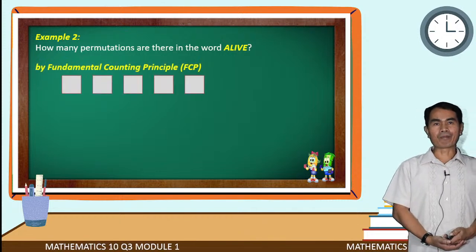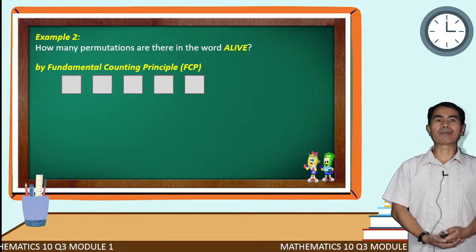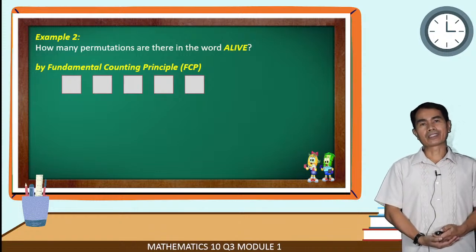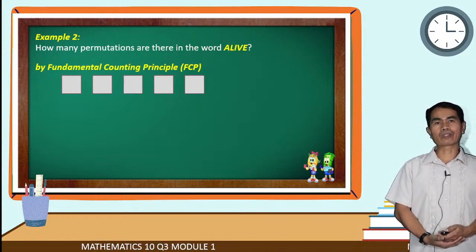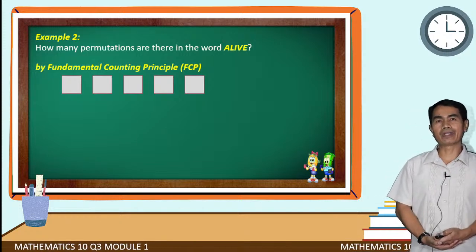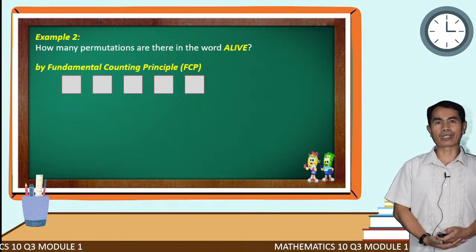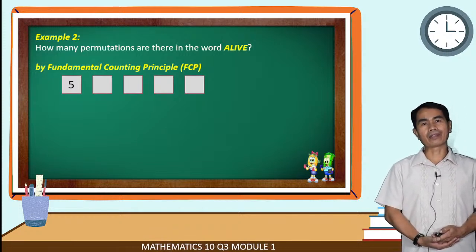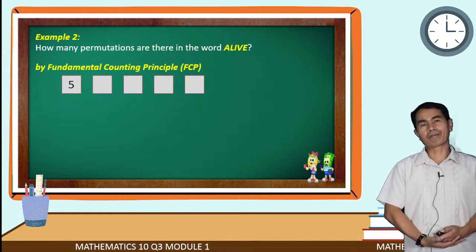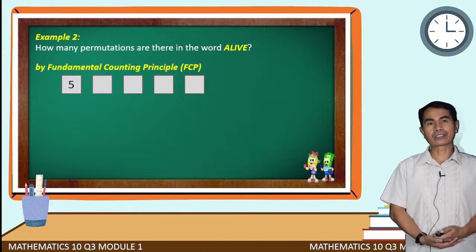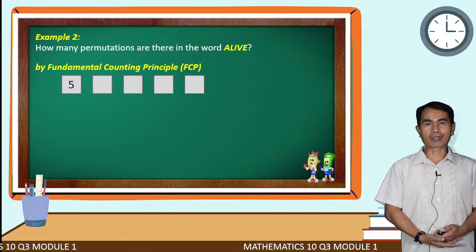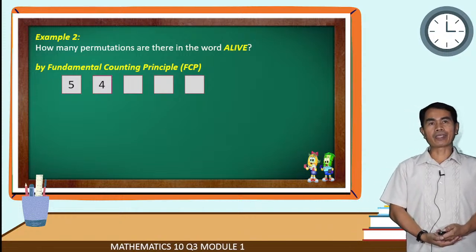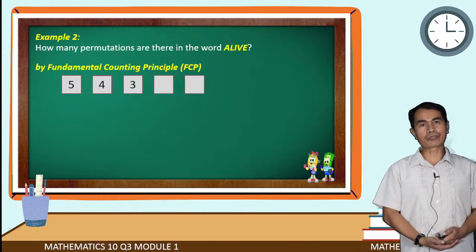We have 5 letters to rumble, so we have 5 activities. The first box to be filled up is the leftmost box. So we are going to select from those 5 letters. Any letter can be used for the first box, so we have 5 choices. And then for the next box, we have only 4 choices since we have already used 1 letter for the first box. Third box, there are only 3 remaining letters to choose from, so we have 3 options.